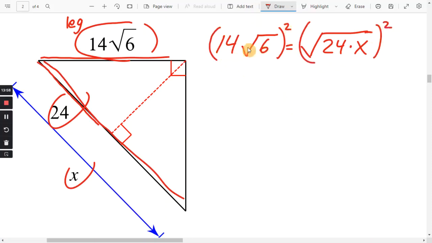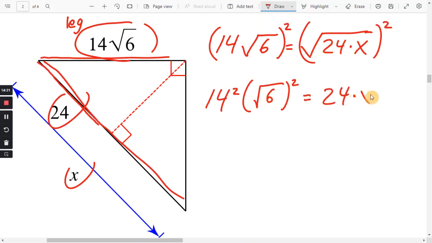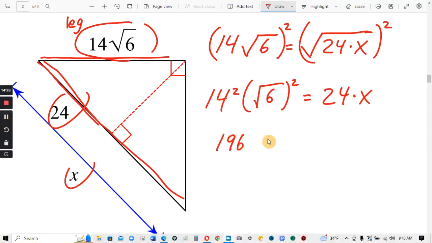Now, when you square this, each one individually is squared. Basically, the 2 has to get distributed. So it's going to be 14 squared times radical 6 squared. And this thing squared, you just remove the square root. So it's 24 times X. 14 squared is 196.